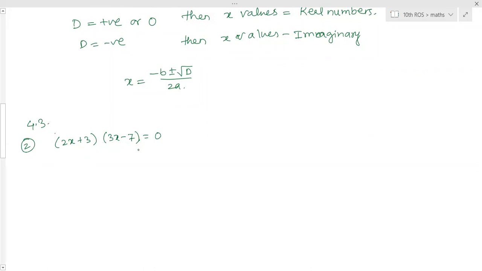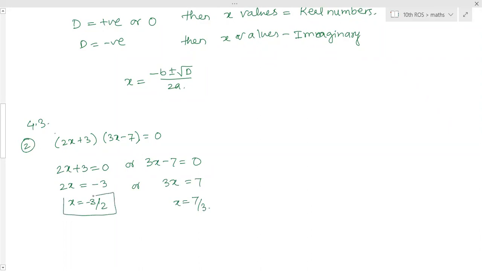Any one of the brackets should be 0. So one by one, we equate the two brackets to 0. 2x plus 3 is equal to 0, or 3x minus 7 is equal to 0. So 2x is minus 3, so x is equal to minus 3 by 2, or 3x is equal to 7, so x is equal to 7 by 3. These are the two values of x.